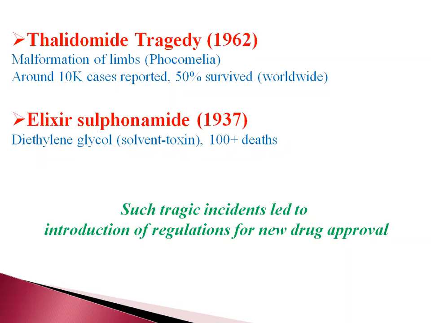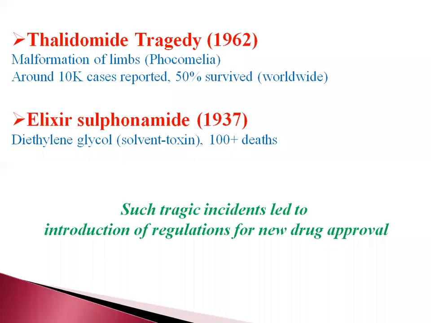In that particular period, some pregnant ladies took the thalidomide drug. Because of that, in that one to two year period, it was observed that there were issues with different organs of the offspring.